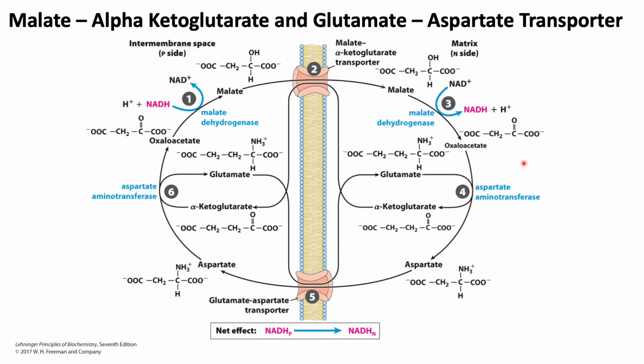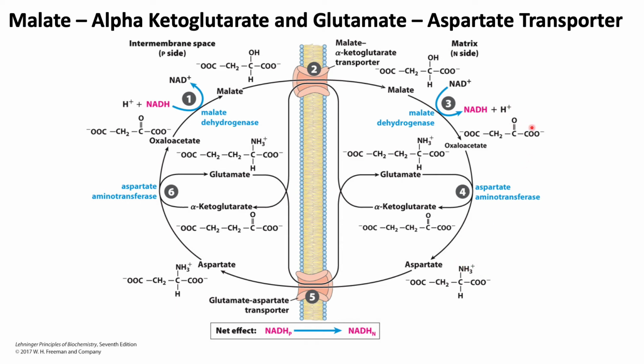The aspartate aminotransferase is able to transfer the amino group of glutamate onto oxaloacetate. So this amino group on glutamate gets transferred to this carbonyl on oxaloacetate, and we get aspartate. The only difference between oxaloacetate and aspartate is that we had a double bonded oxygen, but now we have an amino group.